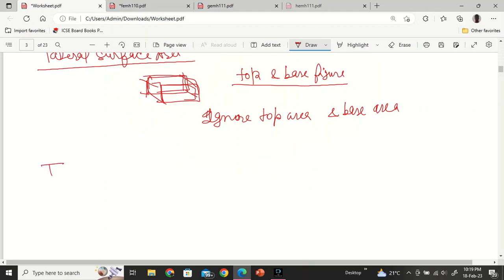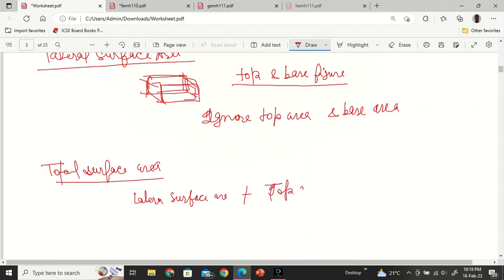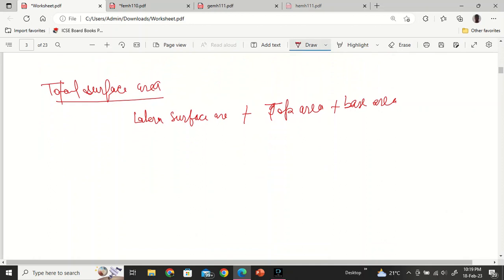And what is total surface area? It is the lateral surface area plus the top area of any figure plus the base area. Wait, I'm giving you some examples also.